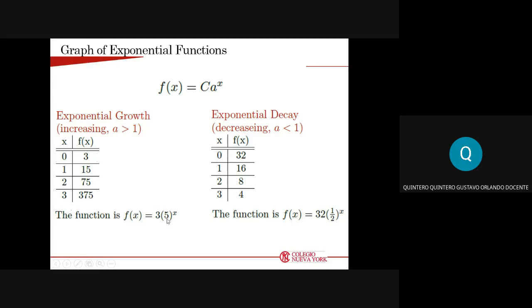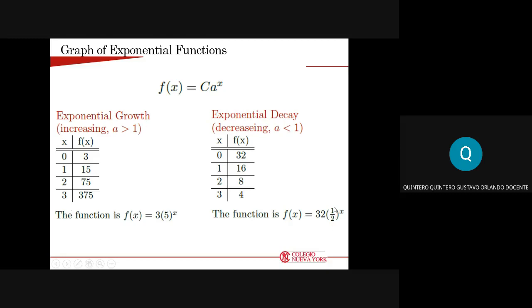That is why the function is going to increase, because the growth factor here, the value of a, is bigger than 1. In this case, it's 5. So we have exponential growth, right?